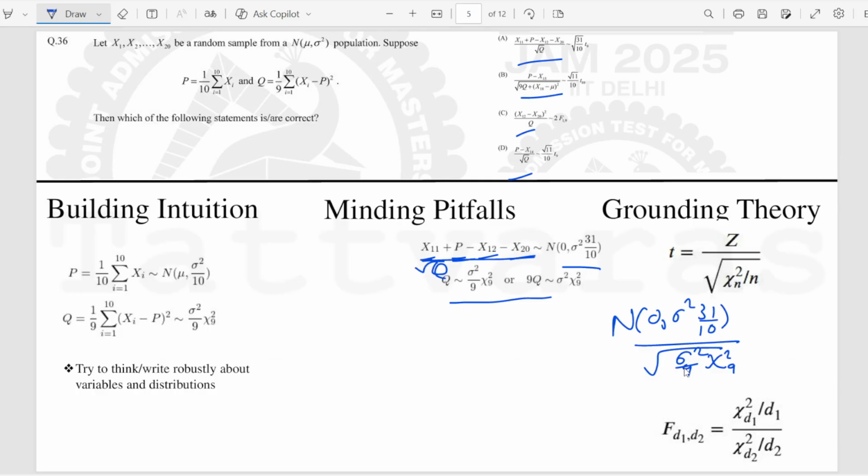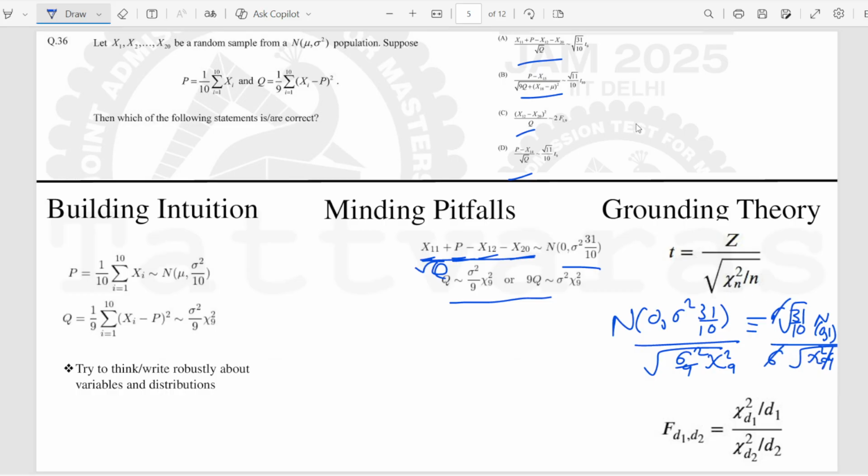Now, if we think about it from this point, the 31 by 10 and sigma square can come out as sigma root 31 by 10, and what remains is normal 0 1, scaled by chi square 9 divided by 9, and the sigma square comes out as sigma.